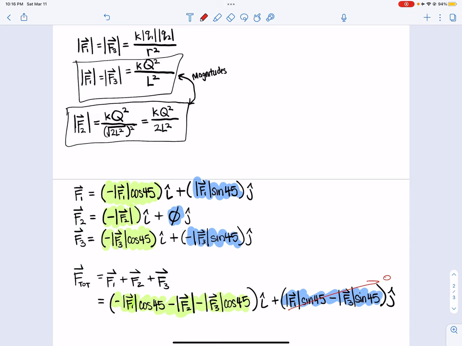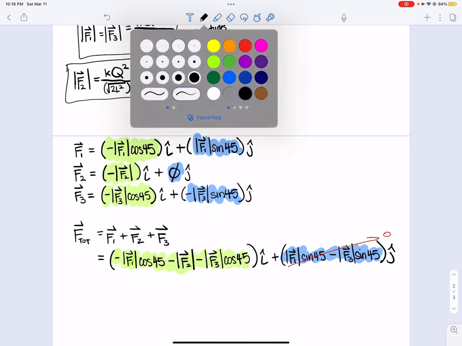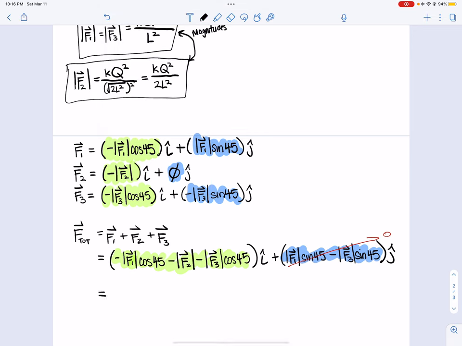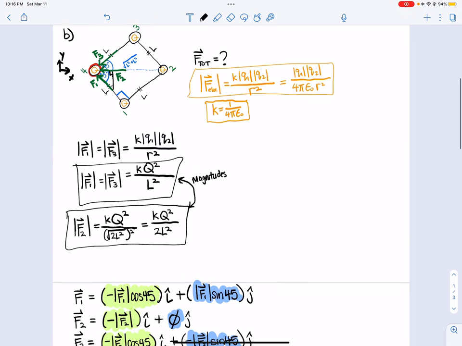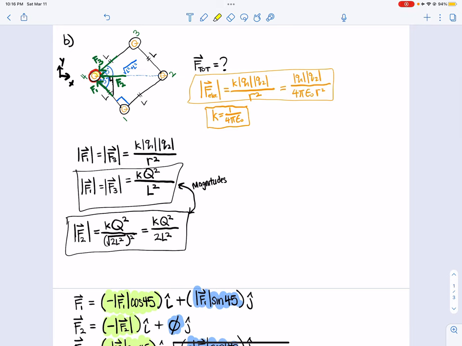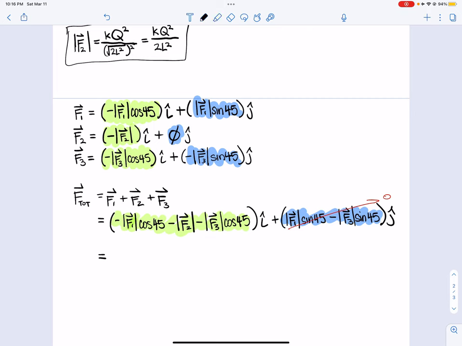So we have no components along j hat, or along the y direction. And this was canceled out due to symmetry, right? The distance between charge 4 and charge 3 is L. The distance between charge 4 and charge 1 is L. And the y component for F1 is going up, but it's equal in magnitude but opposite in sign to the y component of force 3, right? So that is what that is about.